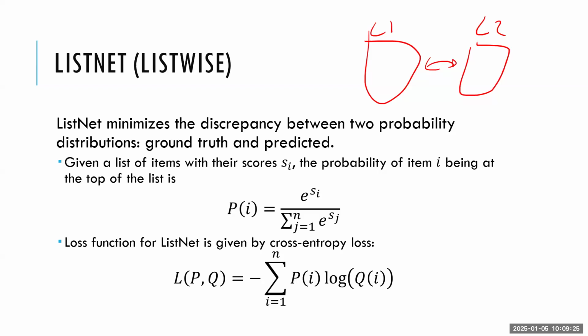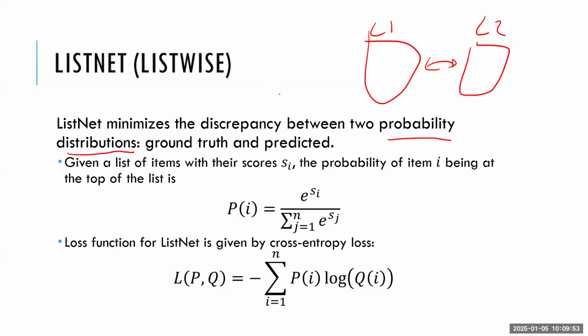So for ListNet, what it does is that it will try to minimize the difference between two probability distributions. So what do I mean by this?